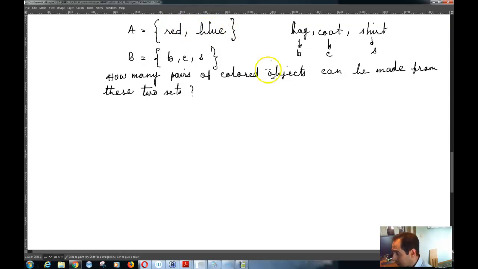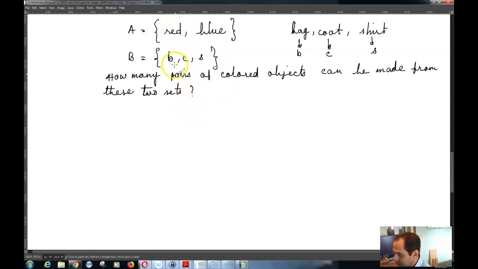If you want to calculate all of the different colored objects that can be made from these two sets, you simply multiply the number of colors here by the number of objects over here. 2 times 3 is equal to 6.